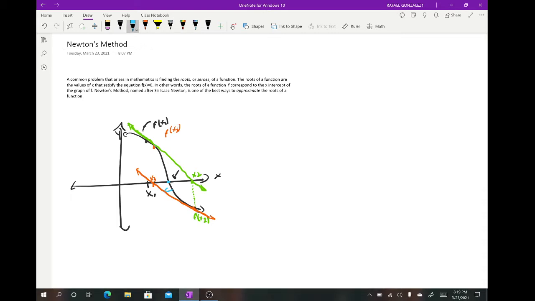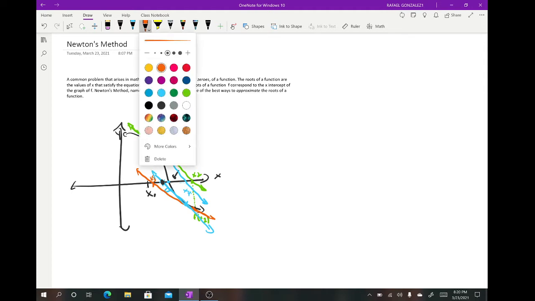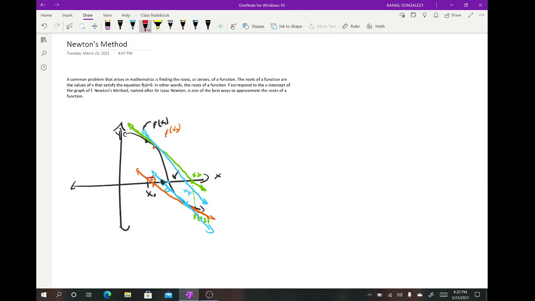And again, we could find the equation of the tangent line at this particular point. And if we do this consecutively, you will notice that the x values are getting closer and closer to c. So for example, at f of x4, the tangent line is going to look like this, and we're going to have an x-intercept right here. We're getting very close to c.